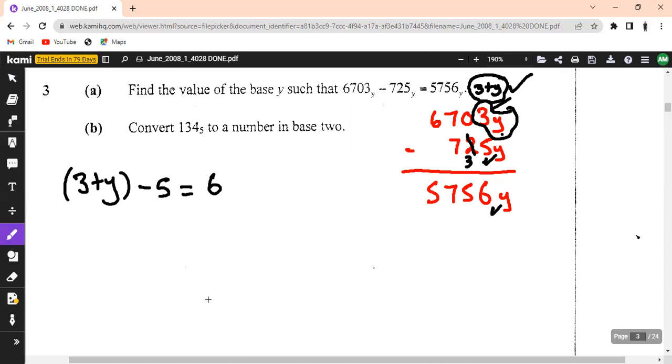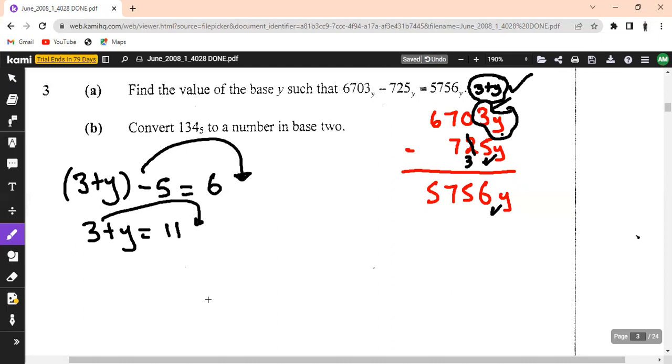We can actually transpose -6 and 5 to the right-hand side, which is going to be a plus. So we're going to be left with 3 plus y is equal to 11. All right, then transpose 3 to that side, which is going to be a minus. So y is going to be 11 minus 3, which is going to give us 8.